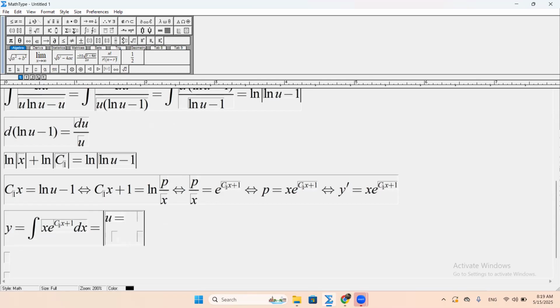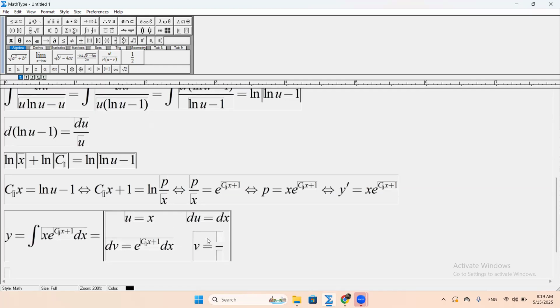So u equals x, du equals dx, dv equals this exponent times dx, then v equals 1 over c1 times the exponent.